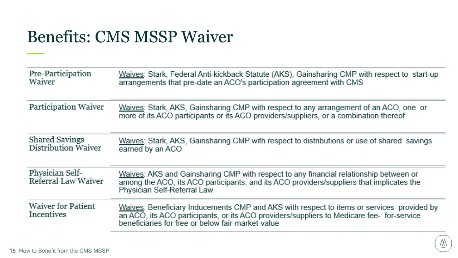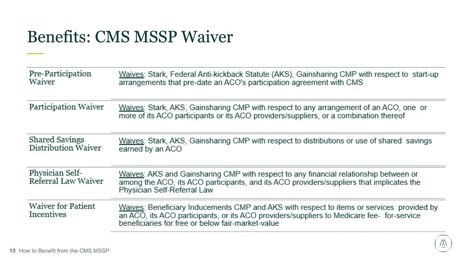But if we take a step back and give you an example, if we were to file our application in February of 2019, and we were looking to be approved in July of 2019, and this is the stub year I was talking about, we could then start taking advantage of this pre-participation waiver, which deems our network to be clinically integrated.